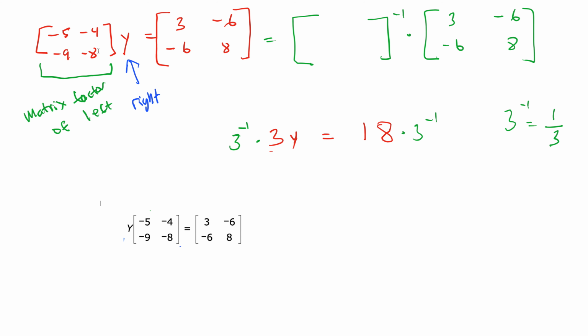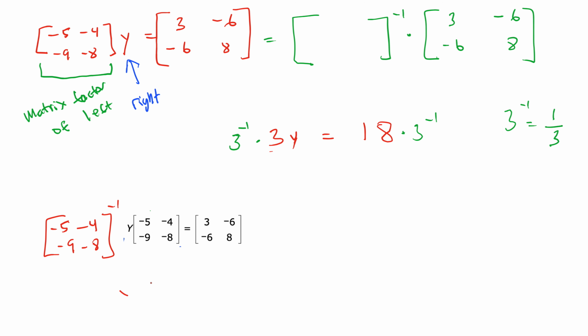So instead of that, we're going to go like y, and put -5, -4, -9, -8, and the inverse of that you're going to multiply by this right here.